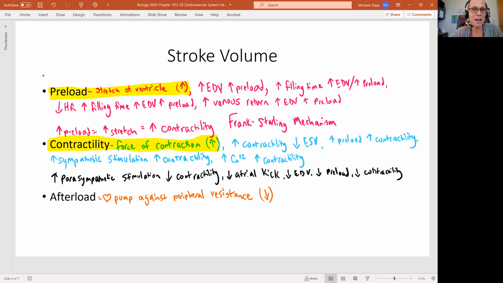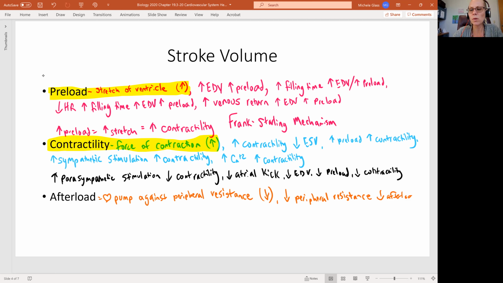Afterload again is talking about how hard the heart has to work in order to overcome any obstacles in the circulatory system. So we'll see when we decrease peripheral resistance, and we're going to talk more about this in the future, so you'll be able to come back and add into your notes, then you decrease your afterload.